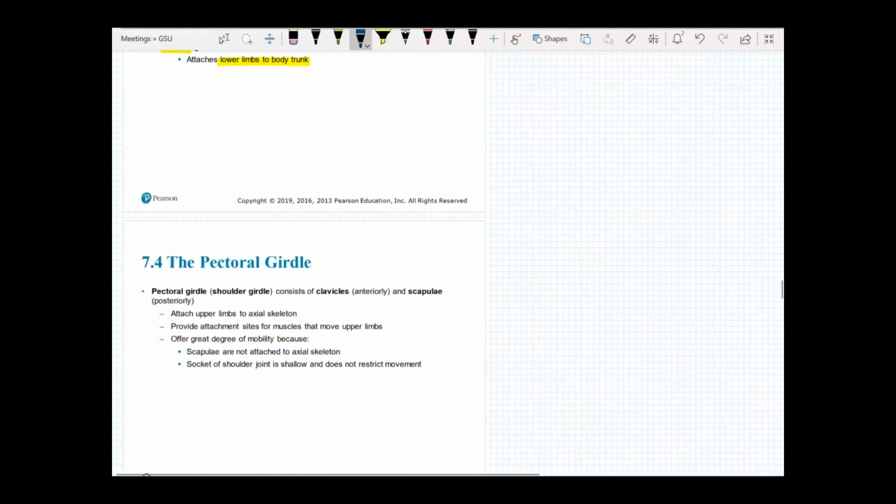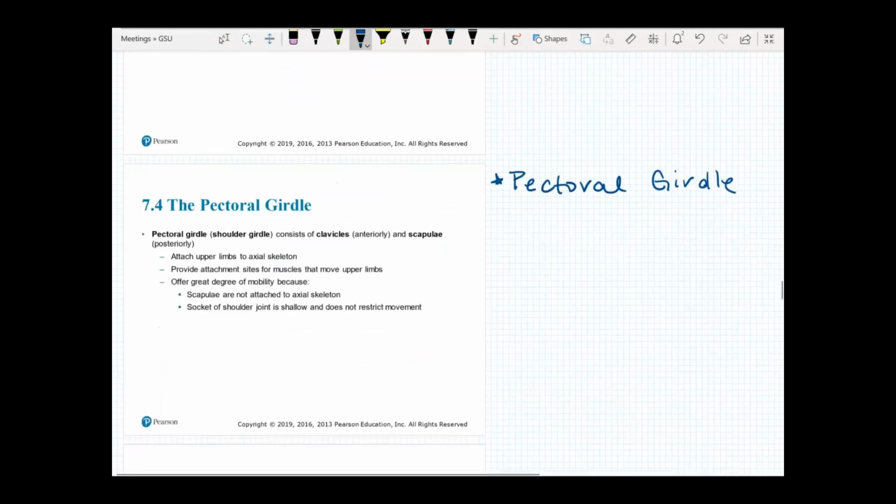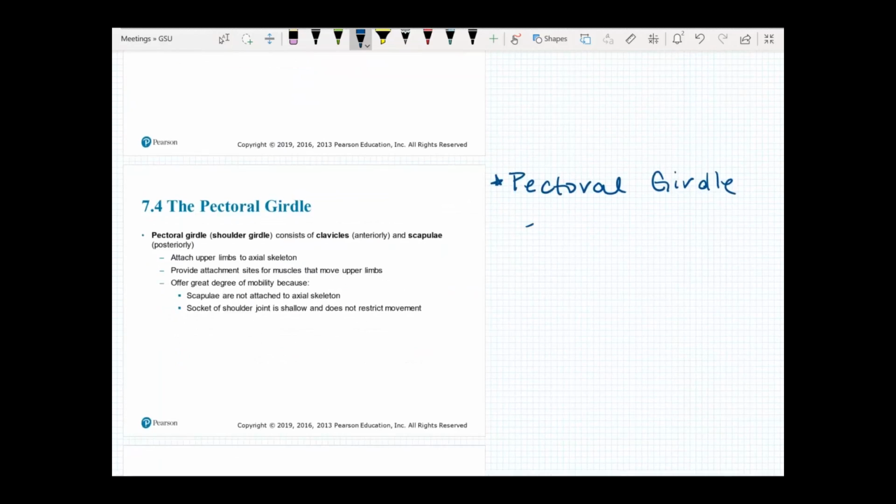So looking at your pectoral girdle, this is your shoulder. It will be made up of your clavicle, and you will have 2, and your scapula, and you will have 2. So if you actually look at it from the side, here's going to be my lovely little gentleman, and he's looking this way. Here's his arms, here's his legs.